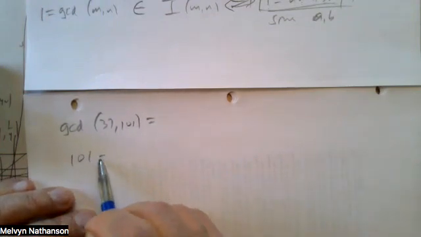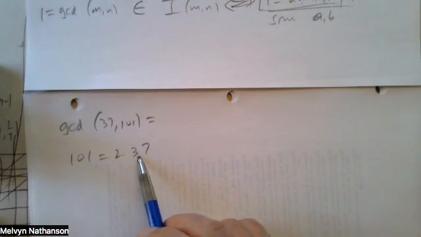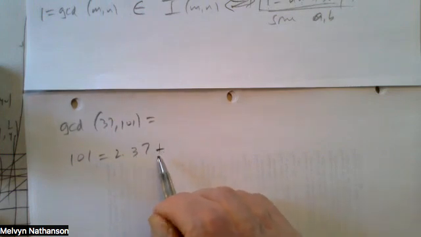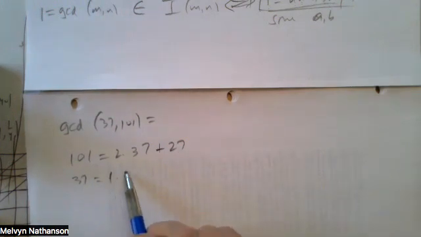If you divide 101 by 37, that goes 2 times. 2 times 37 is 74, so this leaves a remainder of 27. 37 is 1 times 27 and a remainder of 10. 27 is 2 times 10 and a remainder of 7. 10 is 1 times 7 and a remainder of 3. 7 is 2 times 3 and a remainder of 1. 3 is 3 times 1 and a remainder of 0.